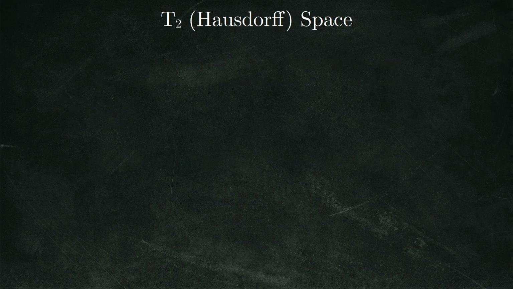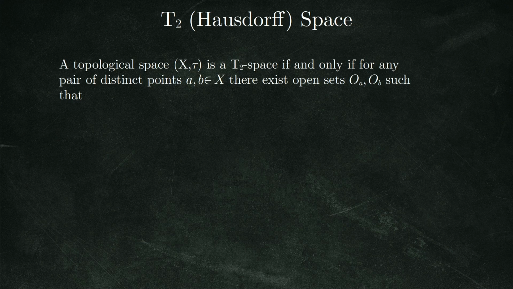Our second type of space is a T2 space or a Hausdorff space. In this case, a space is T2 or Hausdorff if and only if, for any pair of distinct points, there exist open sets OA and OB such that A is in OA, B is in OB, and the sets don't intersect.